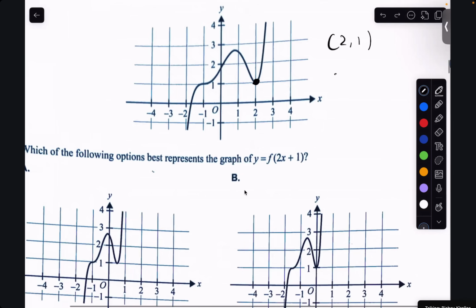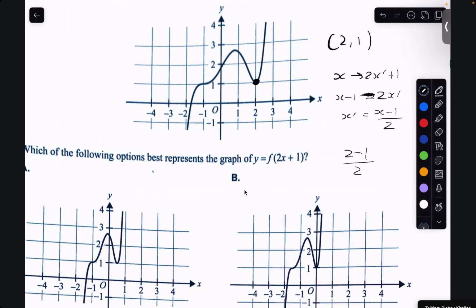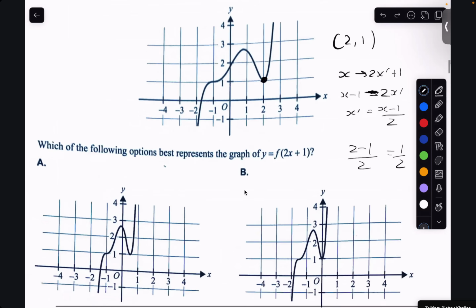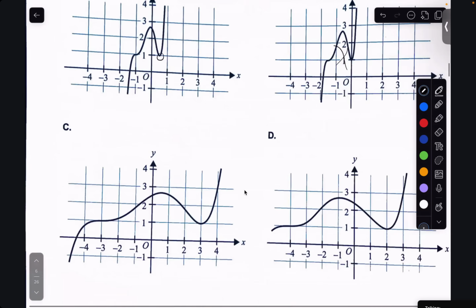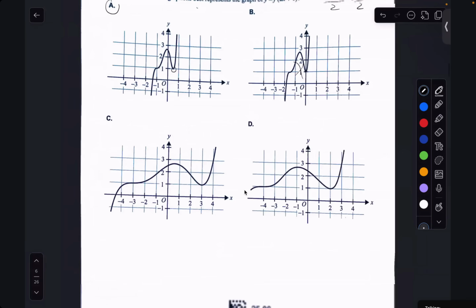But we can see that x changed to 2x plus 1, so x minus 1 is equal to 2x dash, and x dash is x minus 1 over 2. So if we take that x coordinate 2, it will become 2 minus 1 over 2, or 1/2. So this point, the minimum, should be at 1/2. That's not right. That's 1/2. None of the other options have 1/2. Okay.